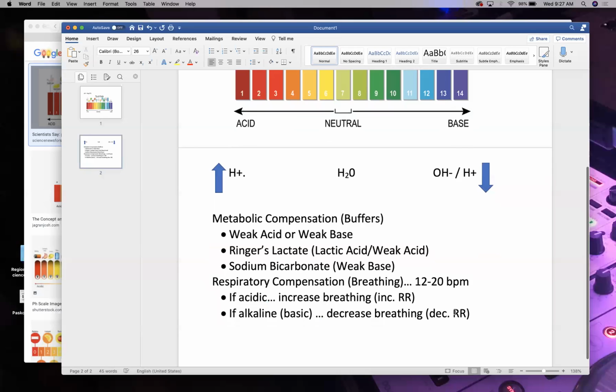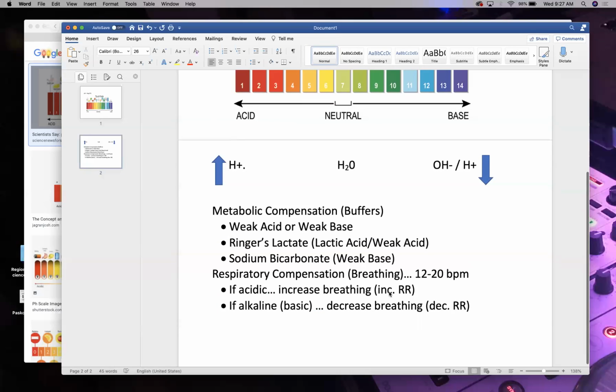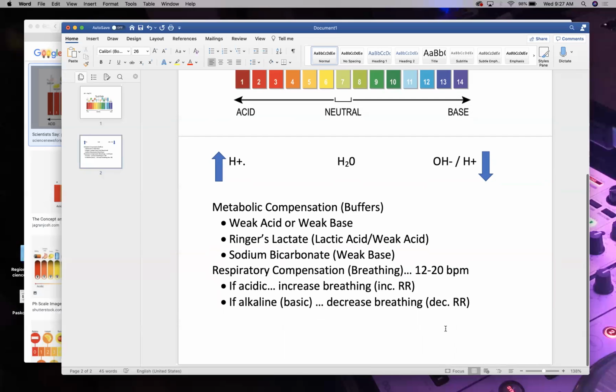Anything higher than 20, too fast. So my patient will have breathing a little bit on the faster side, 20, 22, that kind of thing, if they're very acidic. If they're very alkaline or basic, then it'll slow down to 12 or a little bit less. Okay? But I won't put 12 to 20. Just for this, I'll just say increase or decrease.